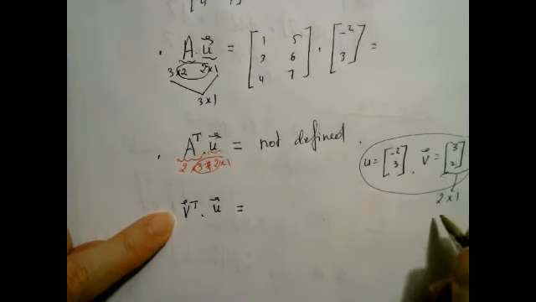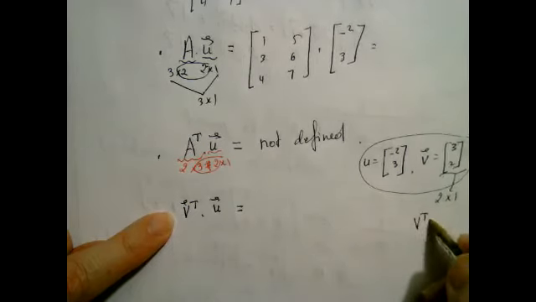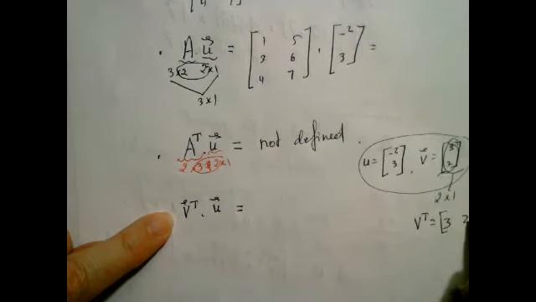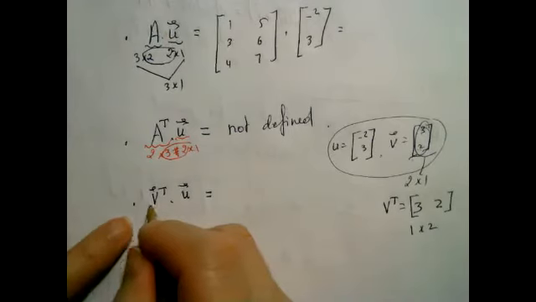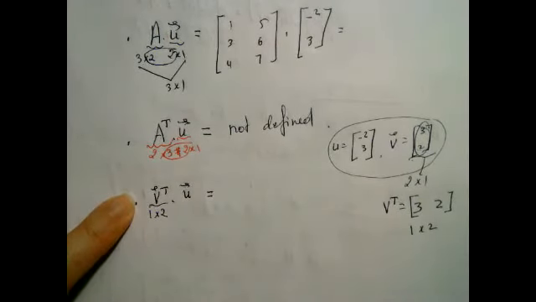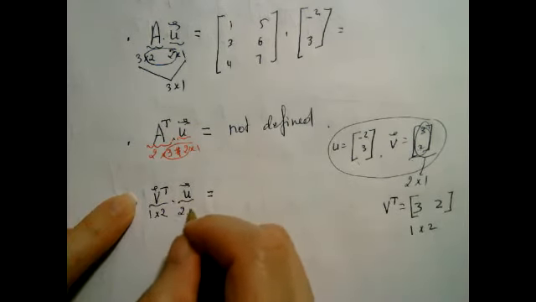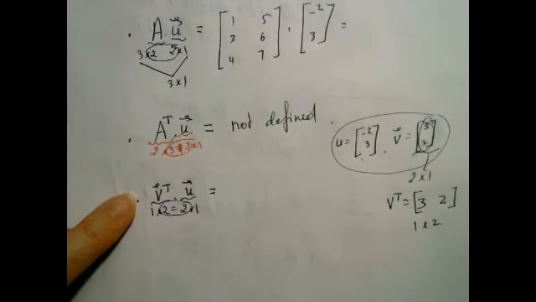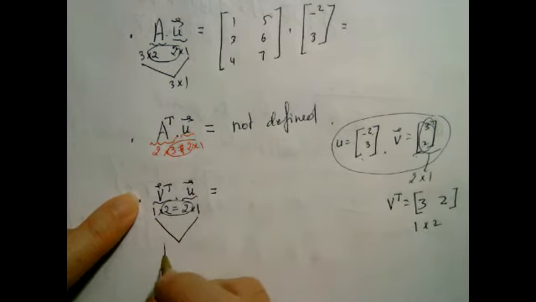So V transpose is the column turned into a row. So that's a 1 by 2 matrix. U hasn't changed, it's always a 2 by 1. Now, is it defined? Absolutely. When we multiply them, we get a 1 by 1 matrix, which means a number, a scalar.